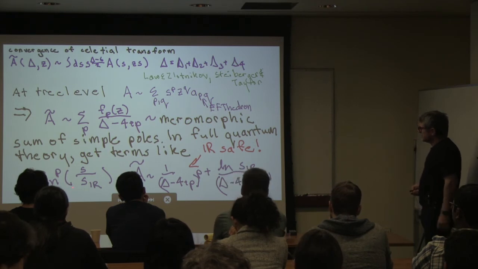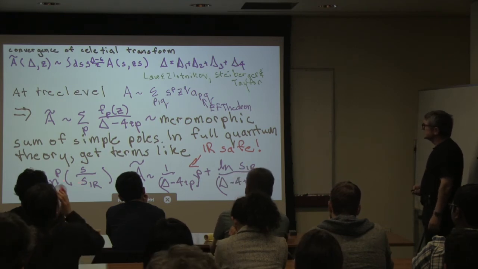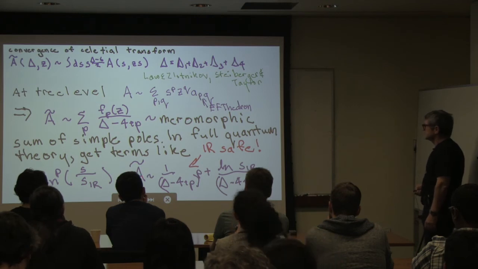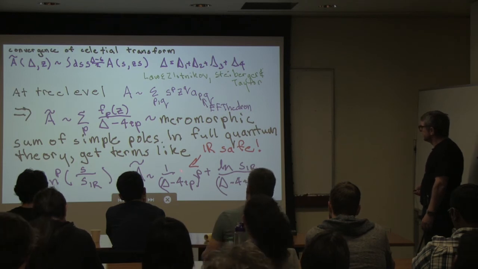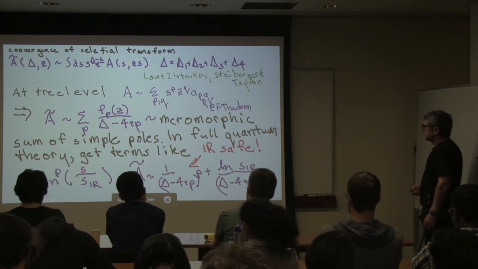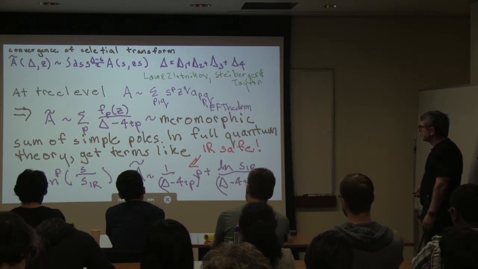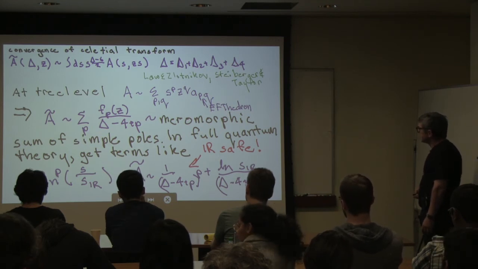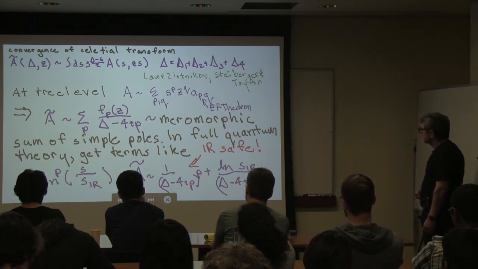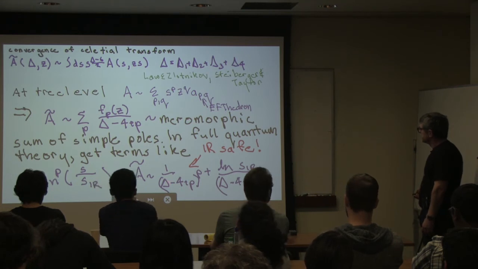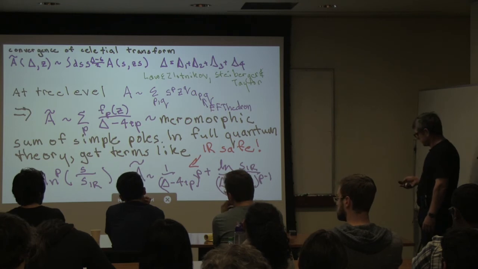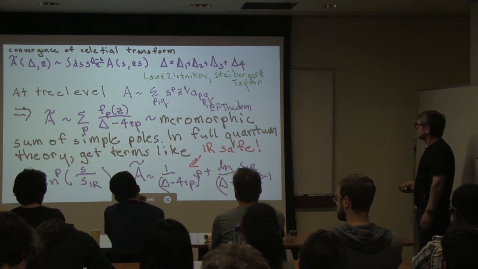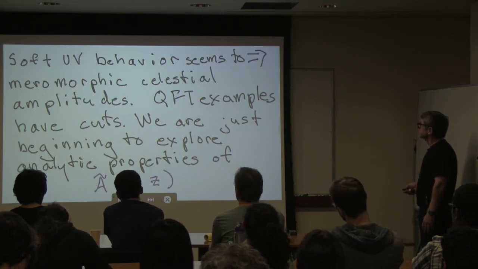But one thing that you can see here is that the leading infrared divergence, the leading power of S, which will give you the leading pole, doesn't involve the cutoff, and so the leading pole at any given place on the negative delta axis should be an infrared safe quantity characterizing the scattering amplitude.